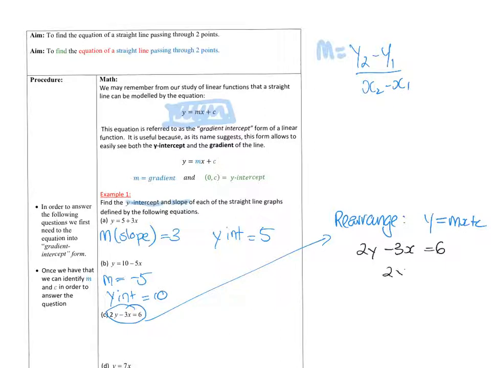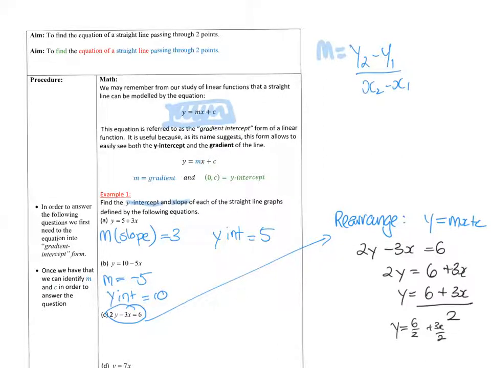So I'll move the -3x over, and it becomes positive, good. Now that 2 is multiplying, it is going to divide everything. So I could write it like that, or it could be written like this, 6 over 2 plus 3x over 2. That means the same thing.